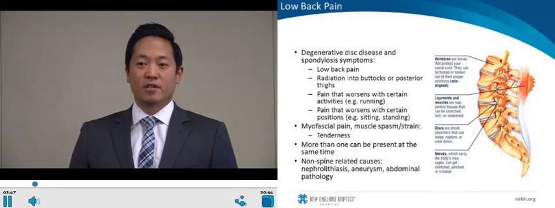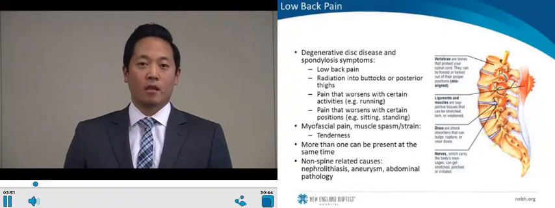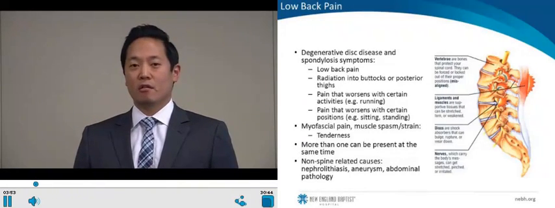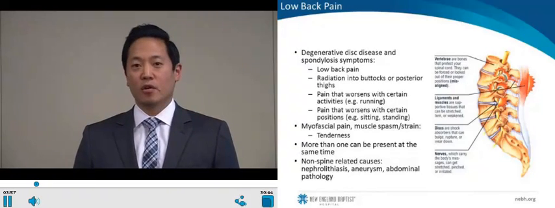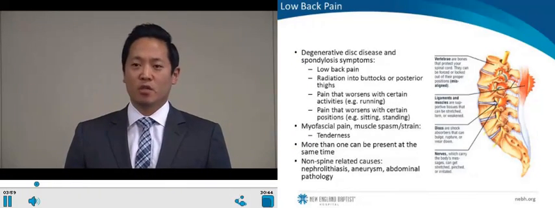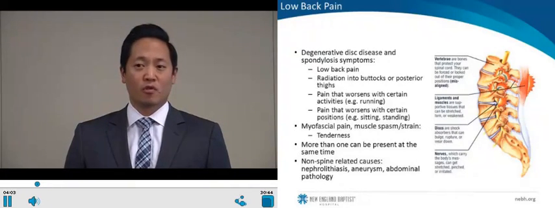When we talk about degenerative disc disease and spondylosis, this can manifest in, of course, low back pain. There are some characteristics that are often associated with this kind of problem. Radiation, again, into the buttocks and posterior thighs. Oftentimes, patients will complain of pain that worsens with certain activities, such as running, as well as prolonged standing or sitting.